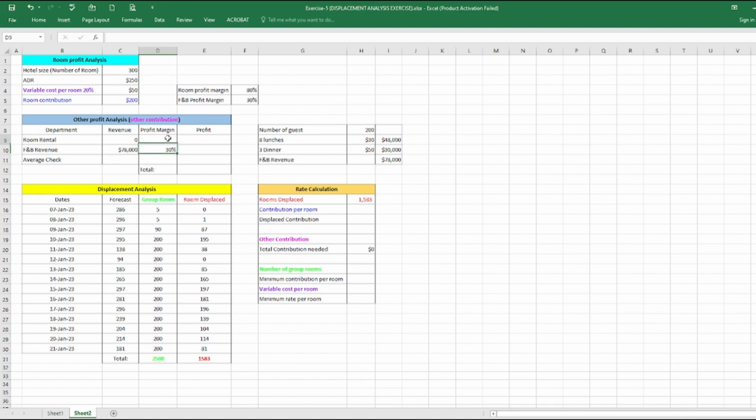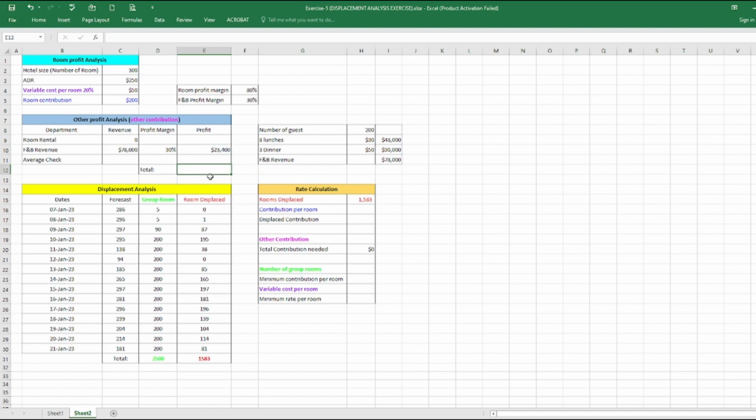As we know, the margin for F&B is only 30%, so we take total revenue multiplied by 30%, sorry. So the profit for F&B is 23,400.